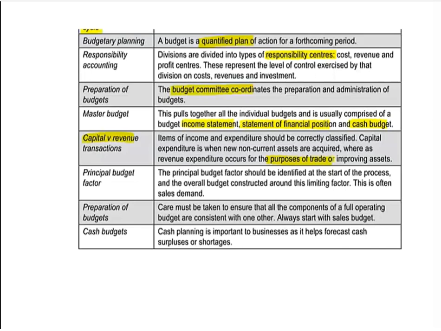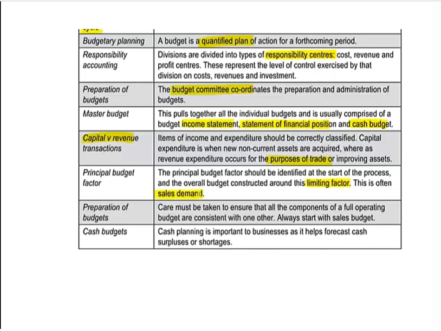Once we're looking at preparing budgets then, we're thinking about what it is that's going to constrain us. And we'll prepare the budgets around this limiting factor or the principal budget factor. And in the absence of anything else, such as materials or labour, the principal budget factor will be sales demand.